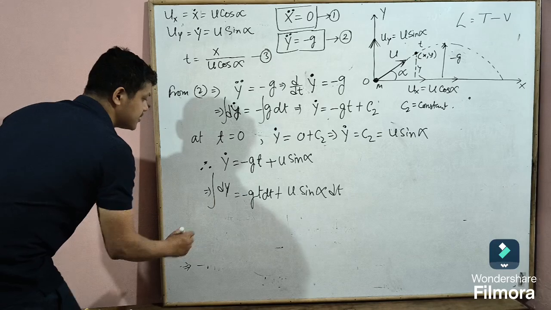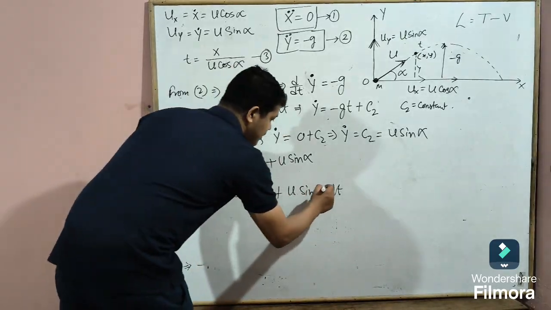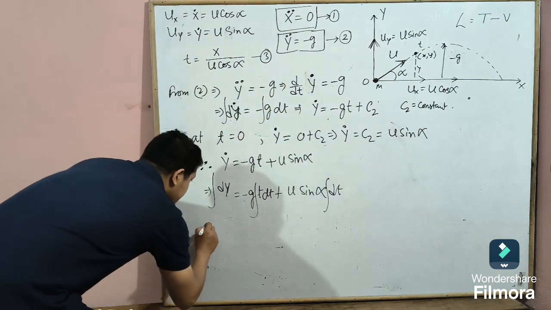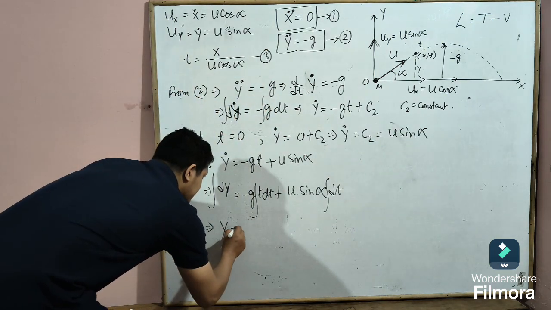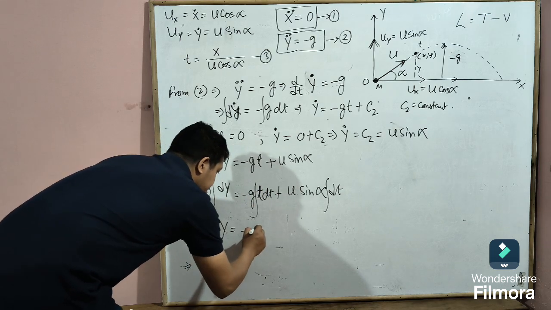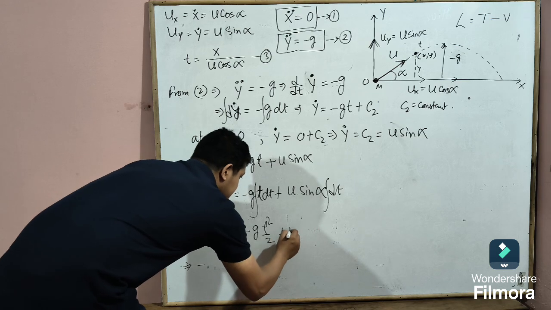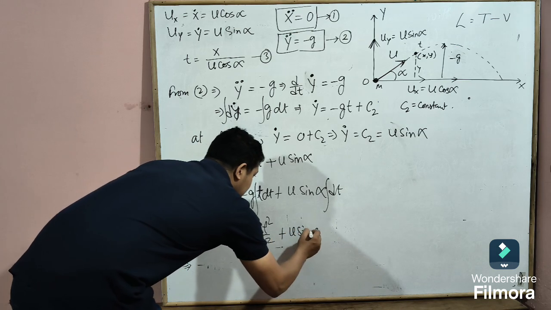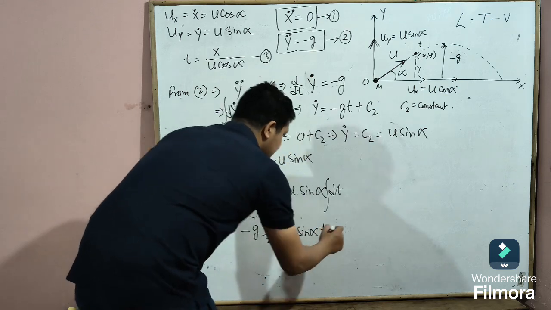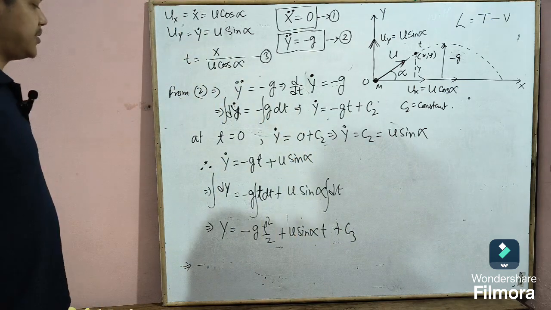Now if you integrate this, t, z is constant, can be kept outside. Then what you're going to get? y is equal to minus z, integration of t dt gives t square by 2, then plus u sine alpha, and integration of dt is t, right? And again we're going to get a constant, let it be c3.